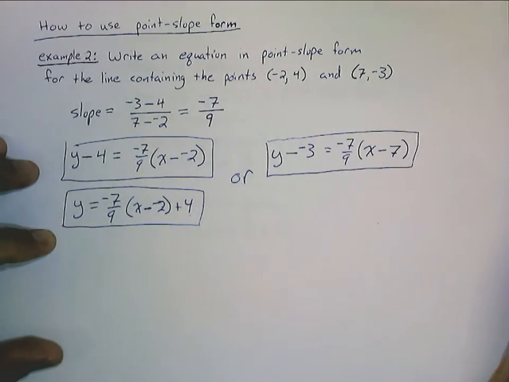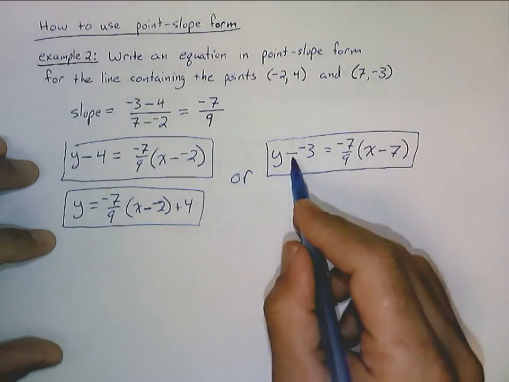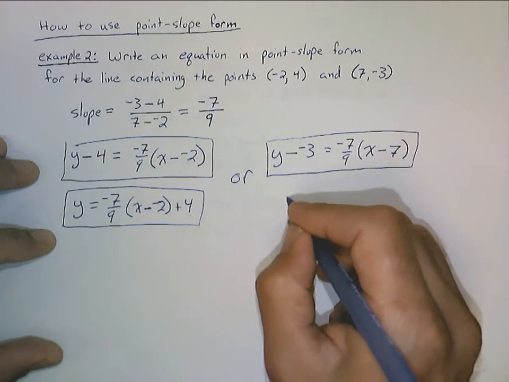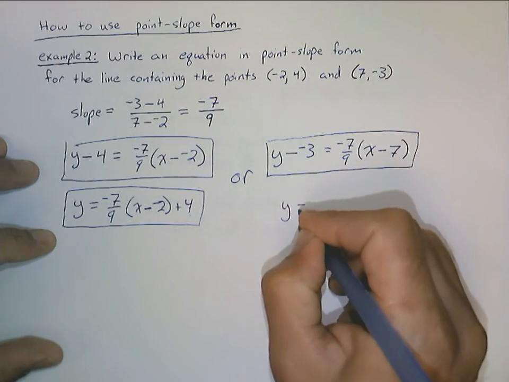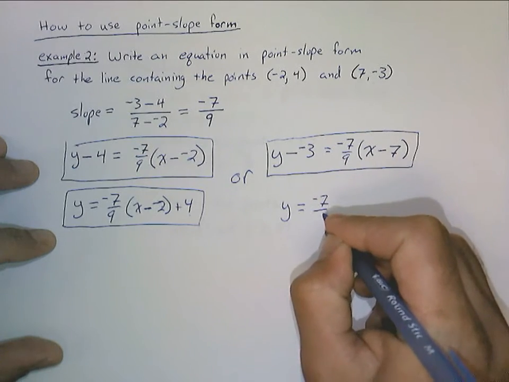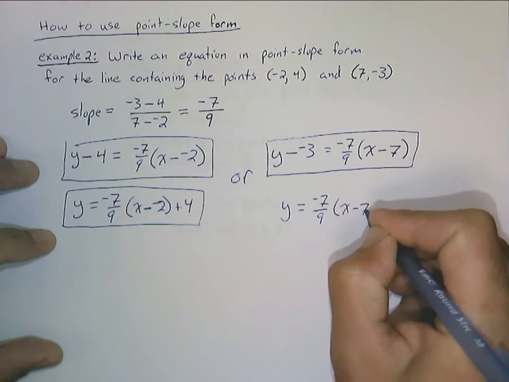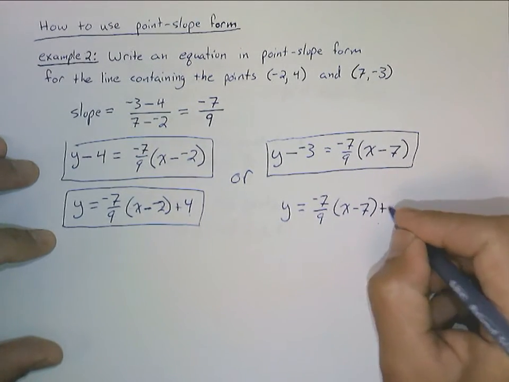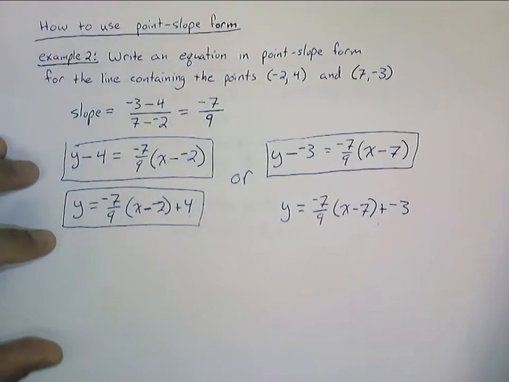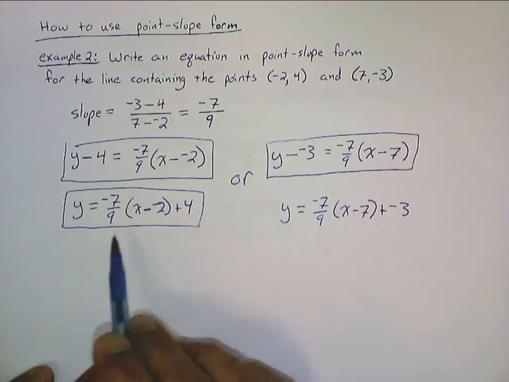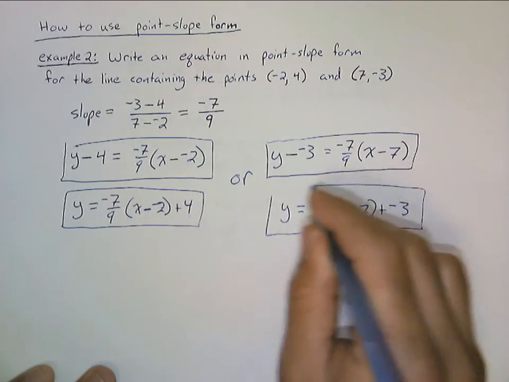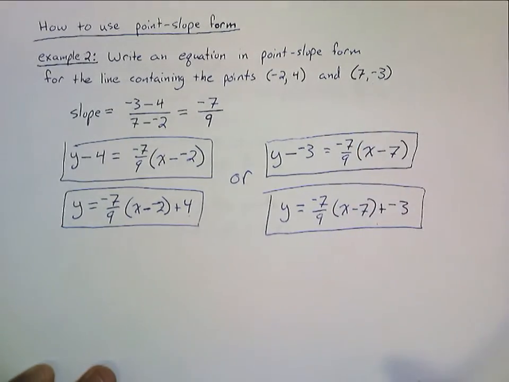There's the old school version. Or we could add -3 to both sides, and we end up with y is equal to -7/9 times the quantity x minus 7 plus -3. And there's the new school version using this point.